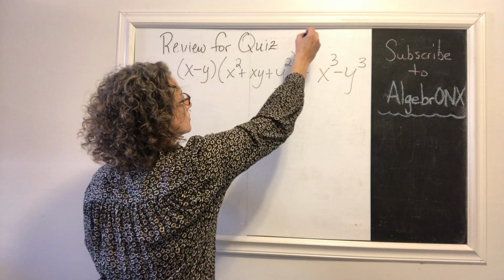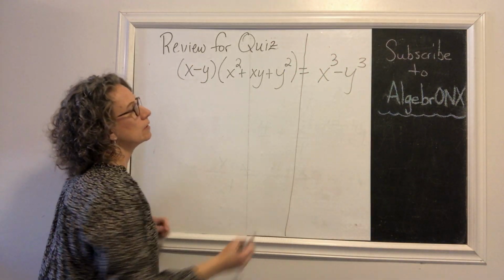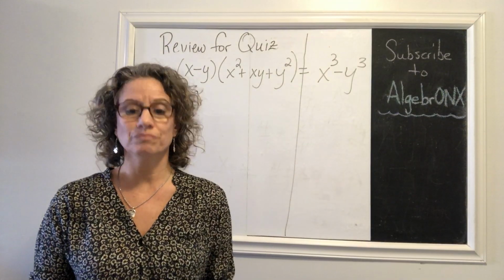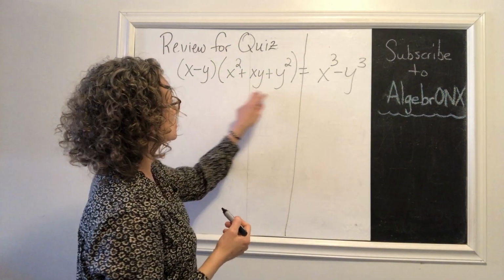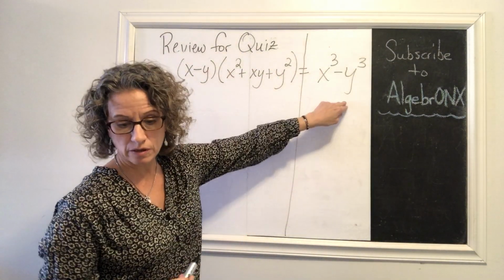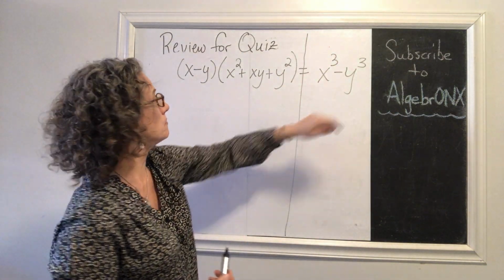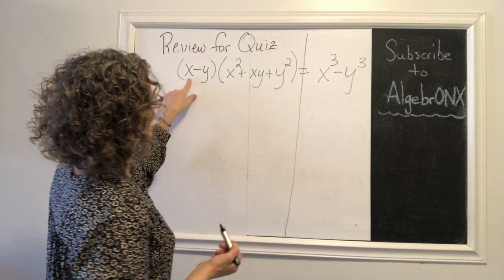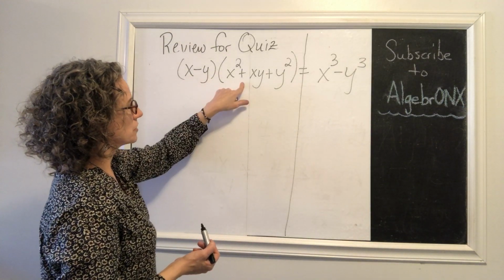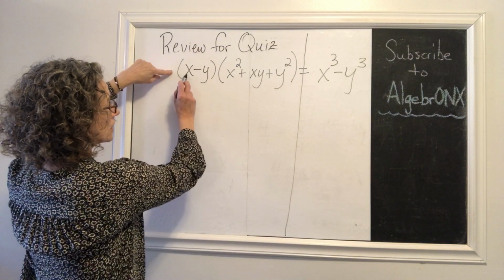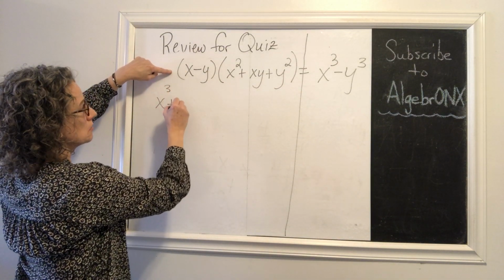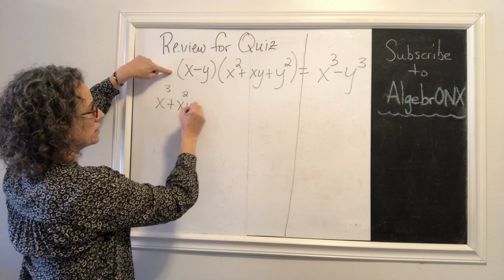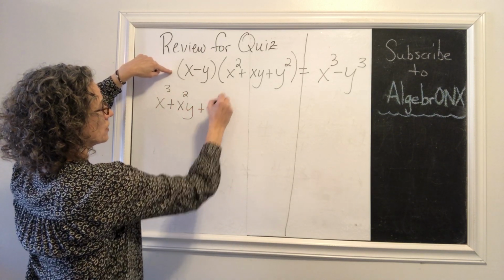Okay, so the rule is I kind of build a wall here, and I'm not allowed to cross the wall, meaning I can't add and subtract the two sides of the equation. I have to just manipulate this side and try to make it look like this side, okay? So I'm going to distribute the x minus y into this expression by multiplying x by everything: x cubed plus x squared y plus xy squared.